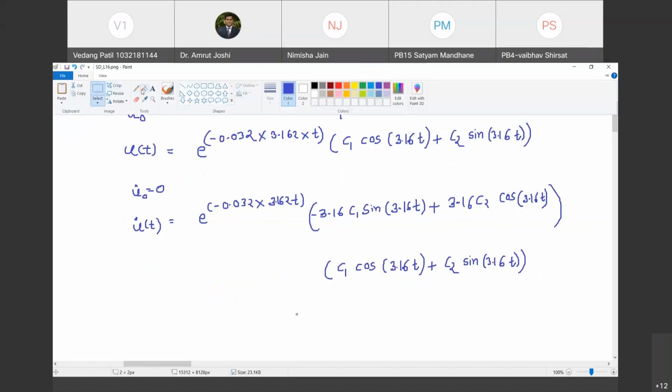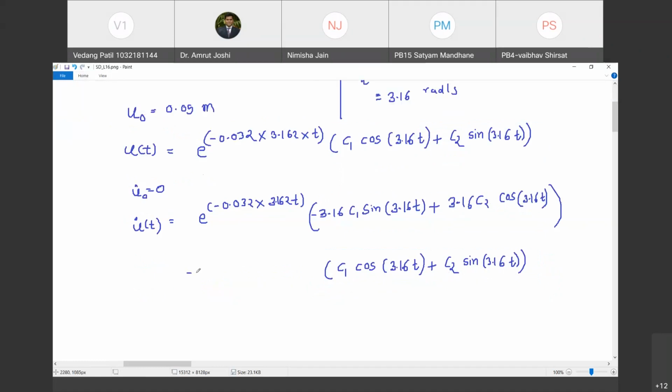It is minus 0.032 into 3.162 into e raised to the same term as it is. Do you agree? Yes, sir. I will need to make some space.